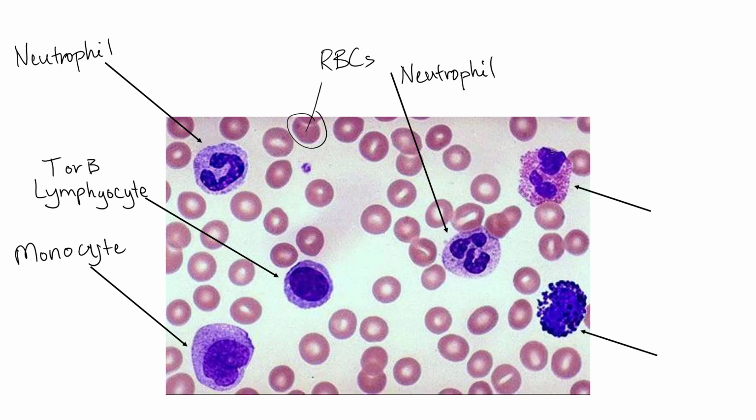And then over here, purple bilobed nuclei with pink granules, eosinophil. And then chock full, tons of purple granules in the cytoplasm, a whole bunch. Those would be basophils. So that's a basophil here.